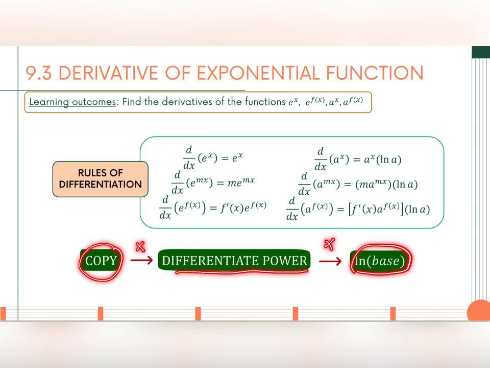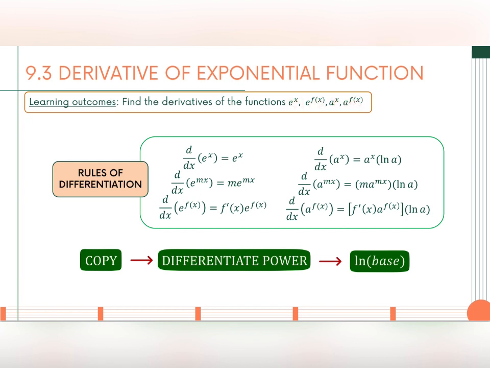Okay, so ingat rules ini. Yang pertama, copy the function, darab dengan differentiate the power, darab dengan ln of the base. Differentiate power, so kita nampak kat sini x, f(x), x, f(x).